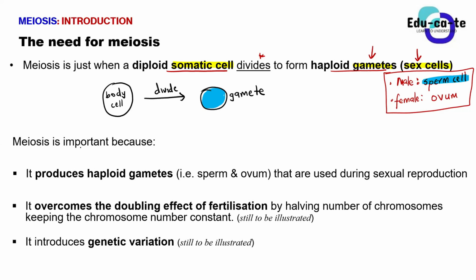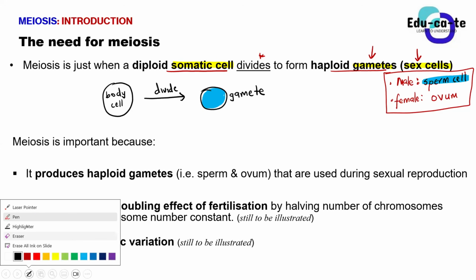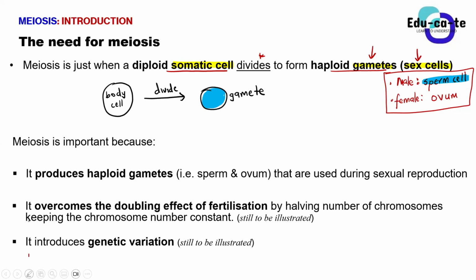Okay, so since you guys now have the main idea that meiosis is simply when the body cells, or the cells that are found in your body, are dividing so that they can create the sex cells. Now, what did I say diploid is? The term diploid, what does it mean? What did I say it means? 46 chromosomes.